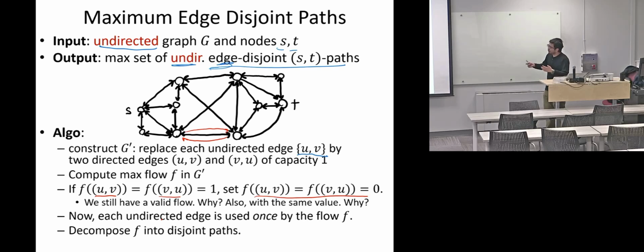And this set of paths will be maximum because it comes from a maximum flow. Basically, we're just doing the same thing we did before after transforming the graph, making each edge bidirectional. That's it.